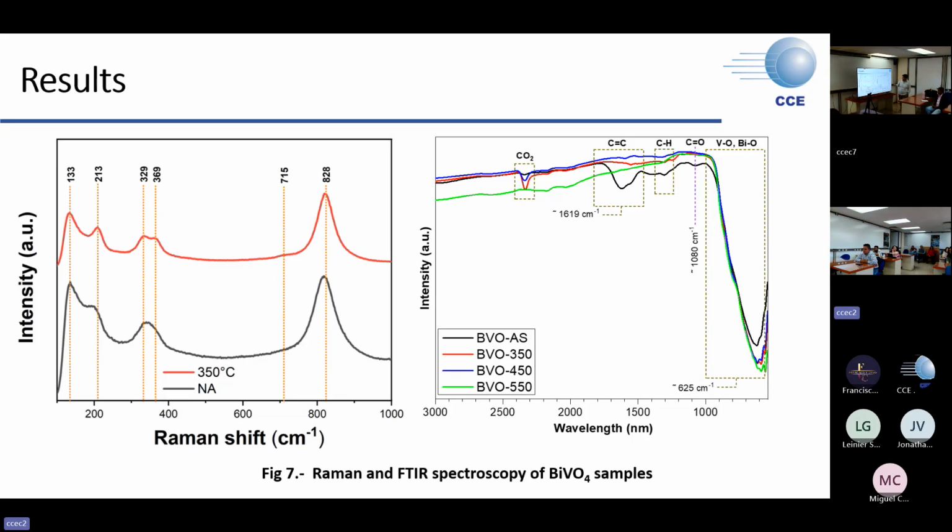In this case, it's the infrared spectroscopy. In another work, we are working with different temperatures. But the important thing here is that we observe the presence of different functional groups, but we don't observe the signal in Raman. So we cannot associate it to the presence of graphene oxide, but we have bismuth vanadate functionalized with these functional groups.